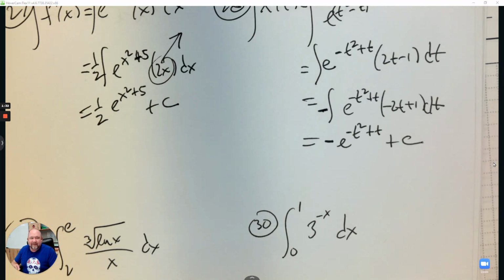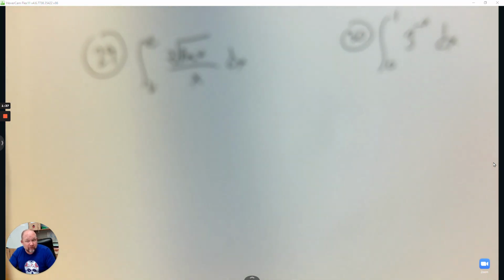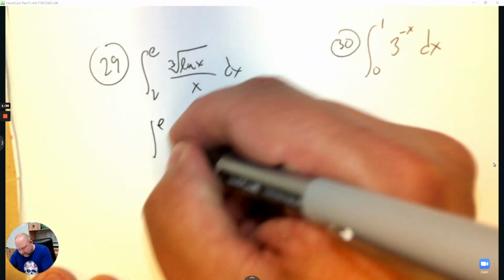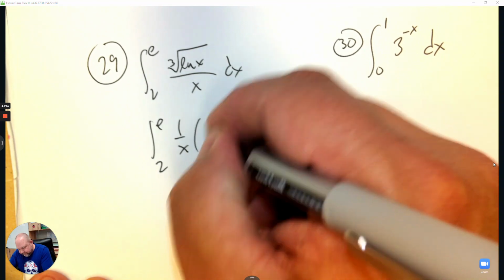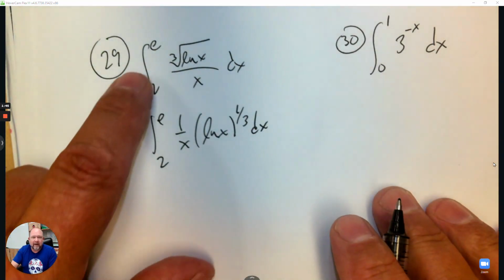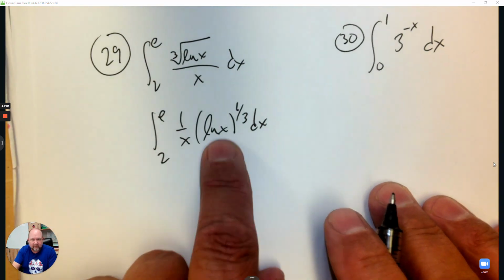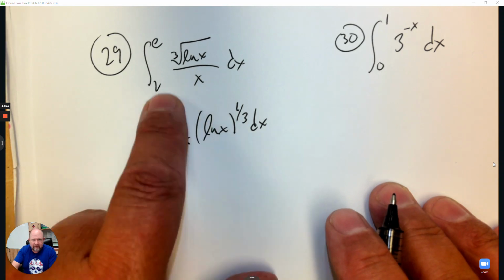All right, number 29. Again, I'm ready to go. Press pause and write it down and try your best first. So I recognize the hook is 1 over x, and I see 1 over x, so I rewrite it. So the hook, the derivative of ln x, is there.